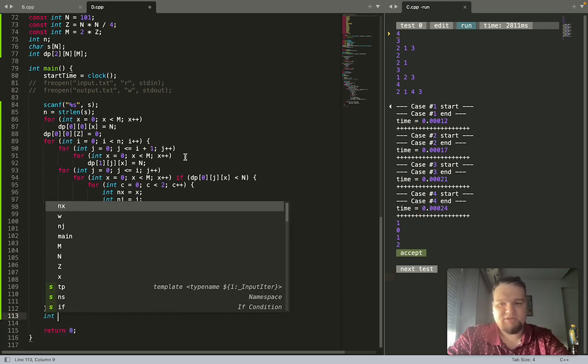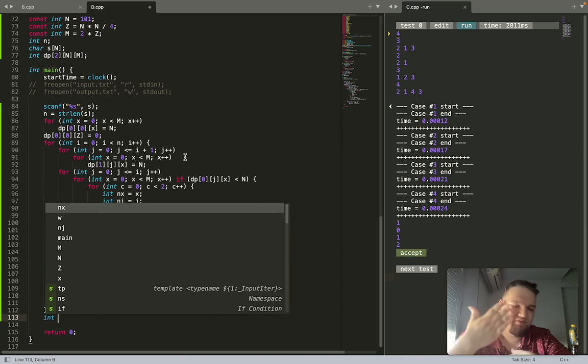And now I need to calculate the number of zeros in the initial string and the balance. Oh no, the balance must be 0. Okay, so just the number of zeros.